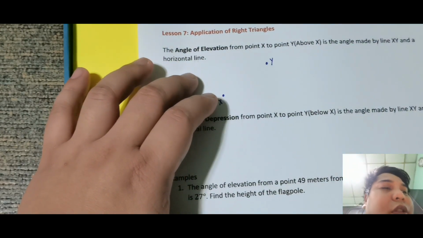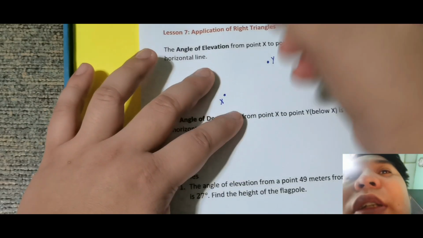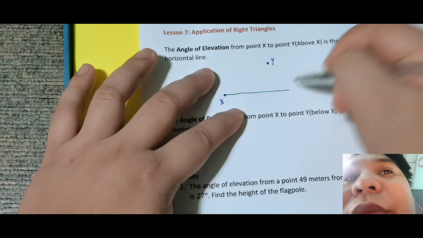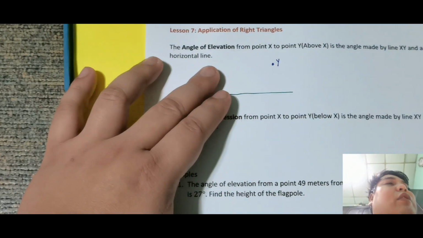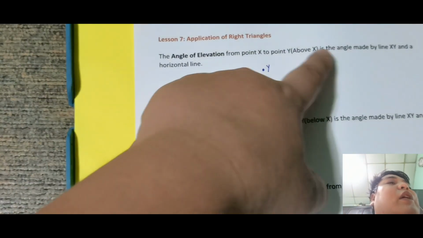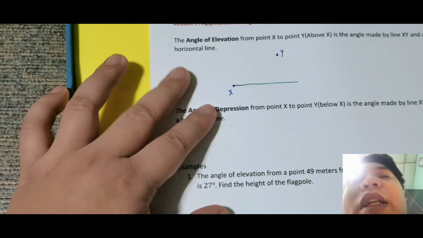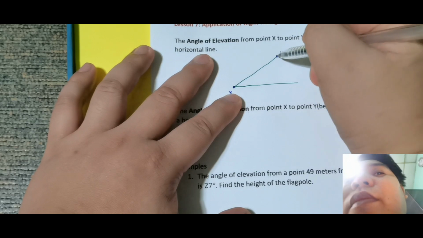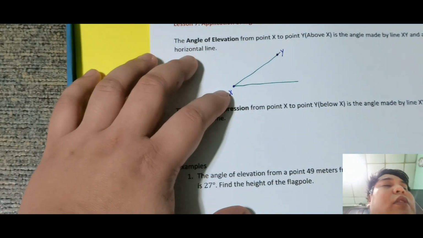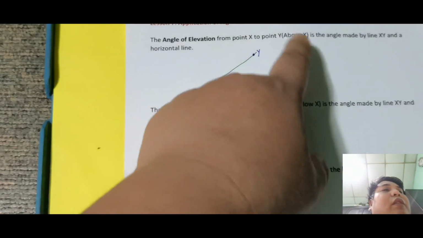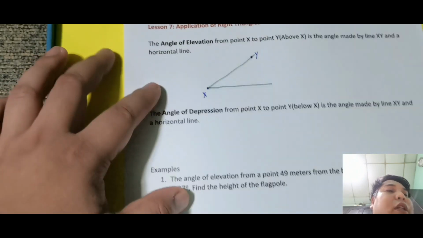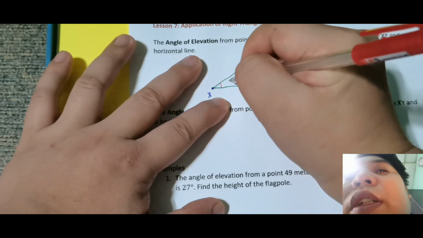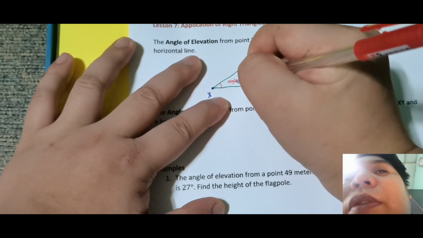Then sabi niya may horizontal line daw, so assuming ito yung horizontal line. Gagawa tayo ng line XY dito. Sabi niya is the angle made by the line XY and the horizontal axis. So itong angle na to is the angle of elevation.